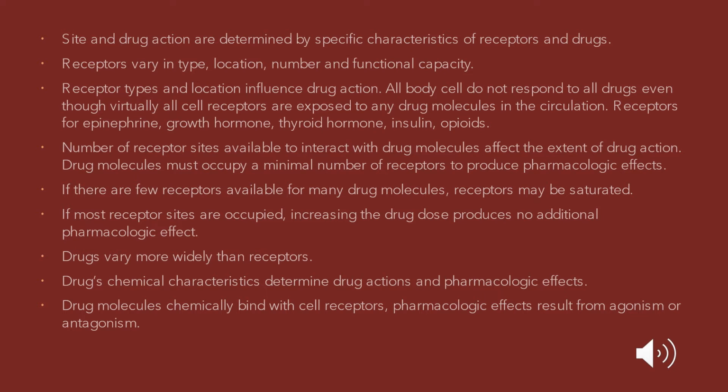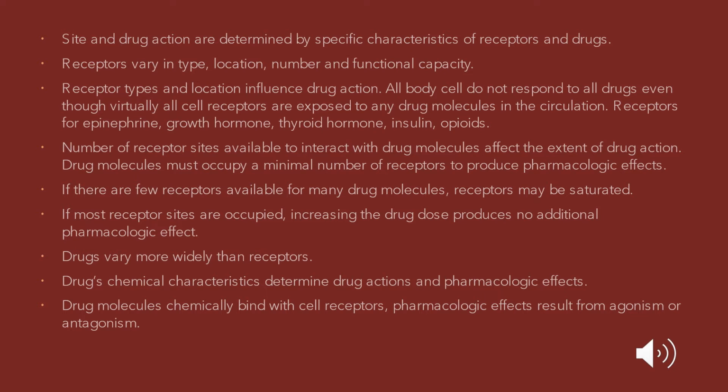For example, a drug's chemical structure affects its ability to reach tissue fluids around a cell and bind with its cell receptors. Minor changes in drug structure may produce major changes in pharmacologic effects.